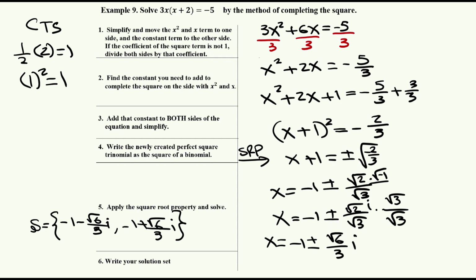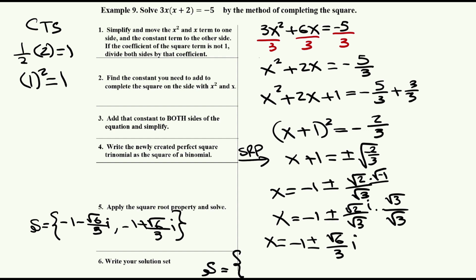All right, that said, you may not find that answer in many different contexts, and you may see the solution written in this way. A lot of times people go ahead and combine these fractions by getting a common denominator, and they write the solution set in this way.